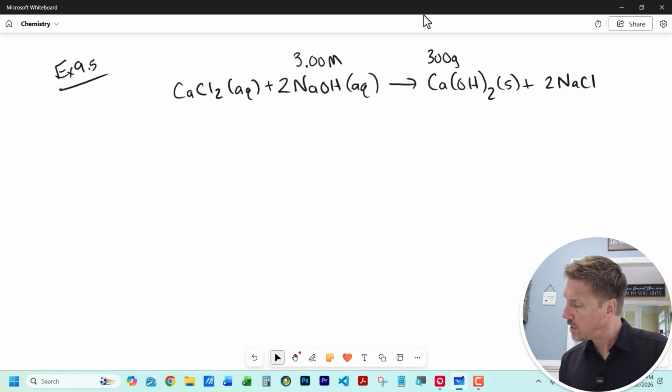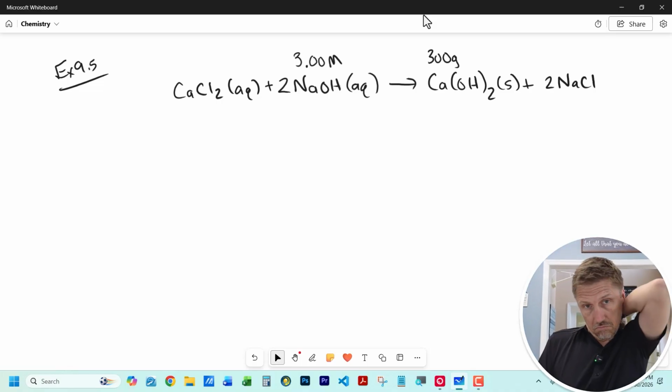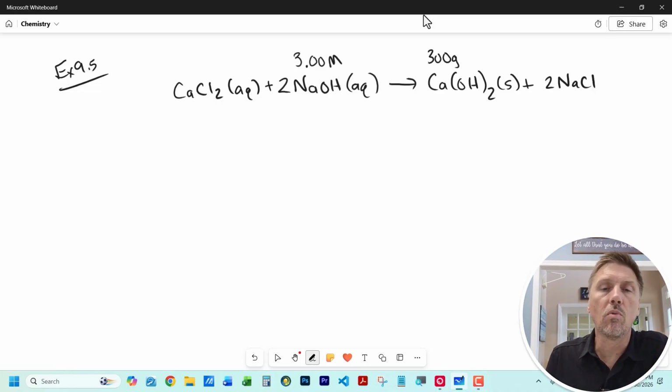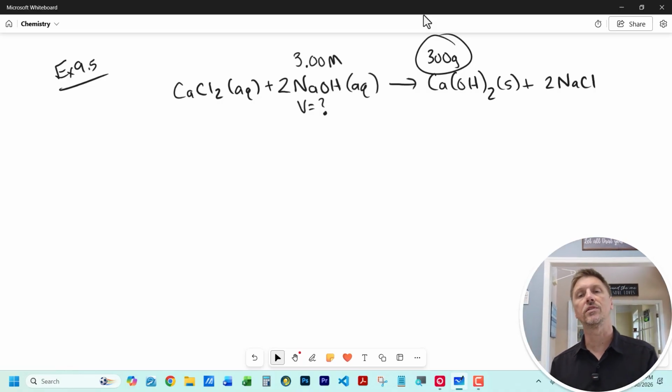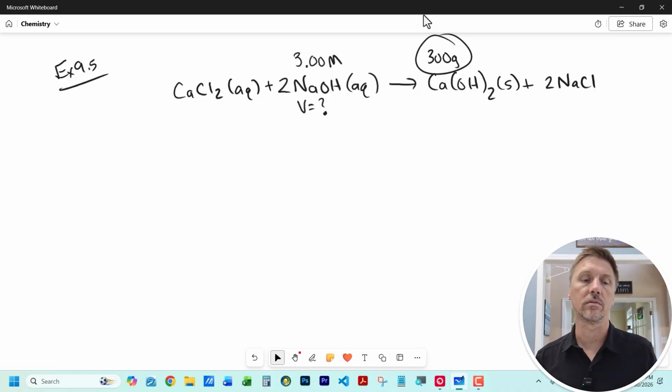And they want to know what volume of that solution we will need to use. Okay, that's interesting. We want to know what volume of this solution we'll need if the goal is to produce 300 grams of Ca(OH)2.